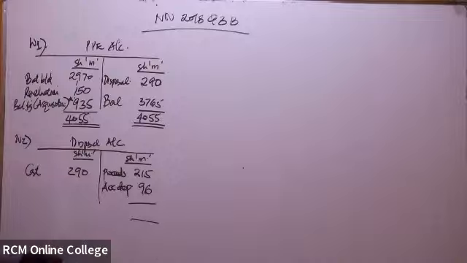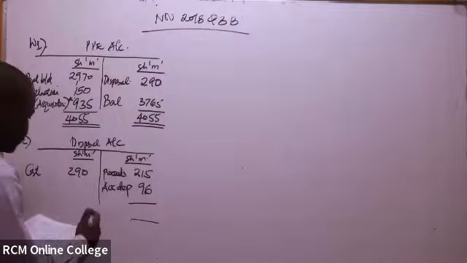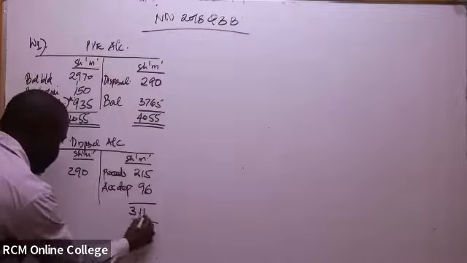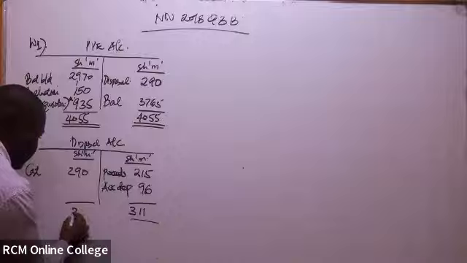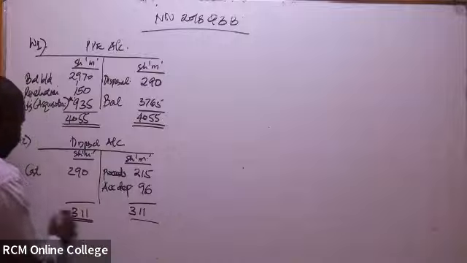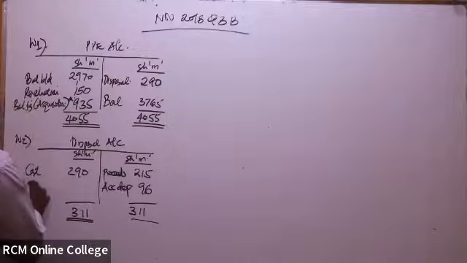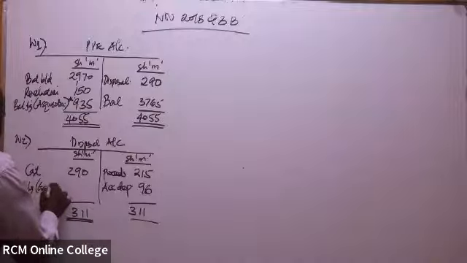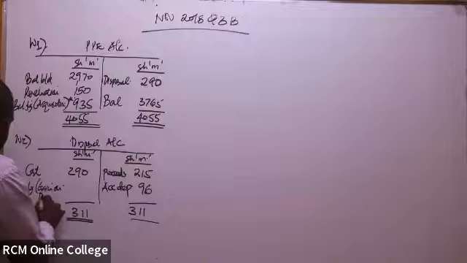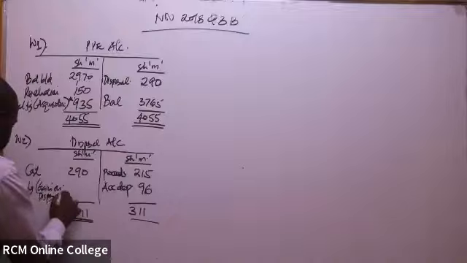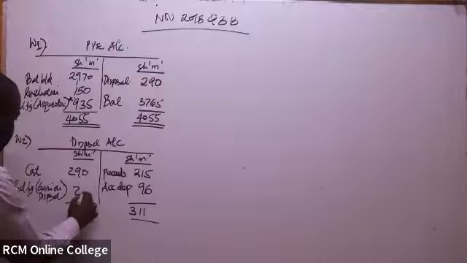So if the balancing figure is this side, it is a gain on disposal. The total here is 311, so the balancing figure is a gain on disposal of 21.